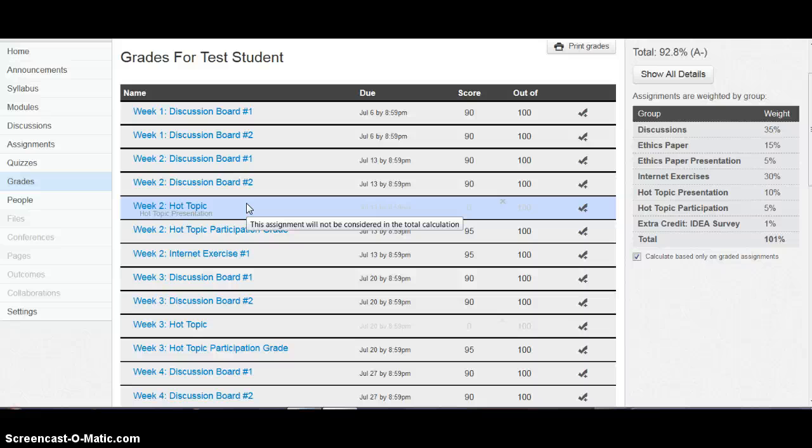There are 5 weeks of Hot Topic presentations. Canvas will wait until the end of term and select the highest grade the week the student presents a Hot Topic, and will use that to tabulate the final grade for Hot Topic presentations.